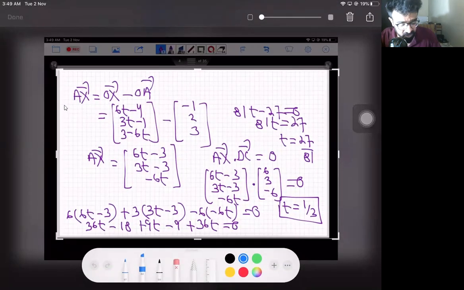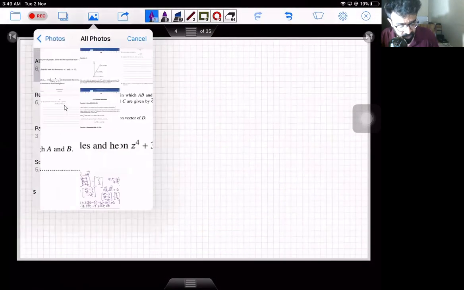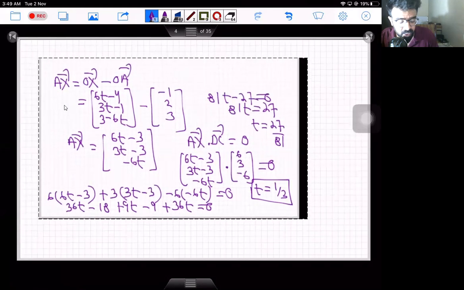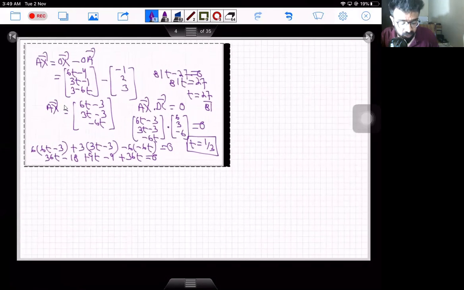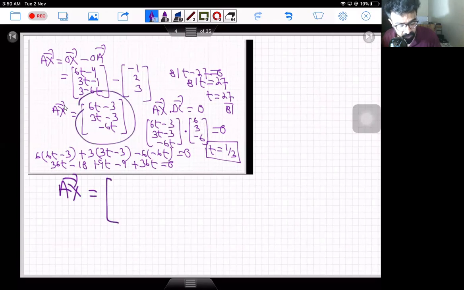So just substitute this value of t, which is 1 over 3, into the vector AX, so that you can find out the vector AX in the form of XYZ components or IJK components. So AX is basically (6t minus 3, 3t minus 3, minus 6t).